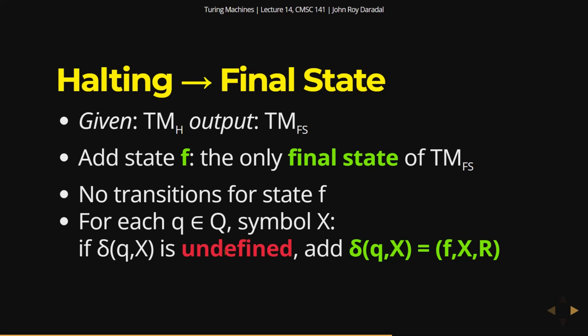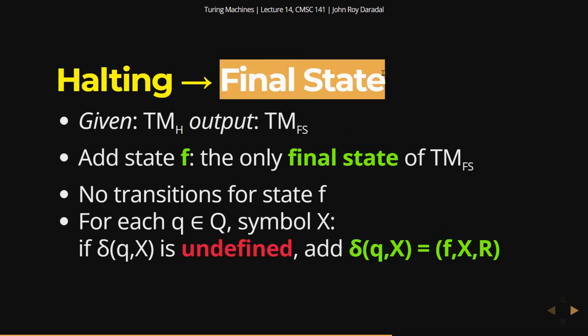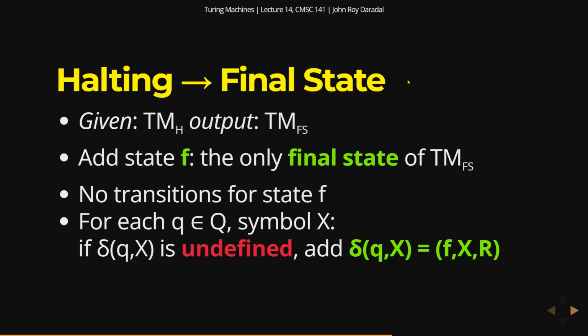So if it's undefined, then you transition it to the final state so that it is accepted by final state. Okay, so all of the possible stoppages of the Turing machine, just make the transition to the final state for the equivalent TM by final state. Okay, so it's pretty simple how to convert between the two.